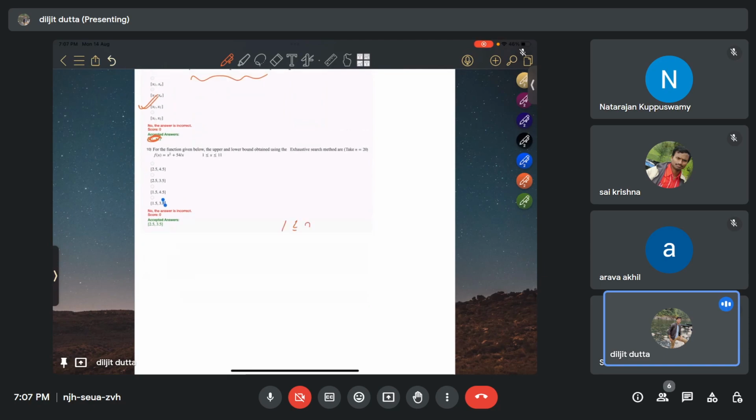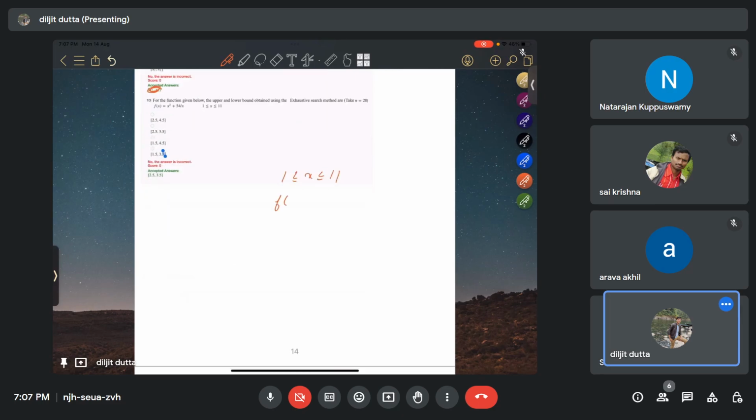So 1 is less than or equal to x, which is less than or equal to 11. Now delta x will be b minus a by n. So it will be 11 minus 1 and n is given as 20. So it will be 10 by 20, which is equal to 0.5.